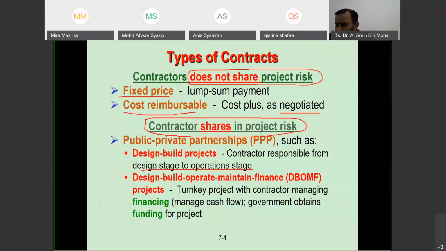So they have some agreements, but that's the example of public-private partnership. They design, they build, they operate. They have their staff here doing the maintenance and also financing the projects.